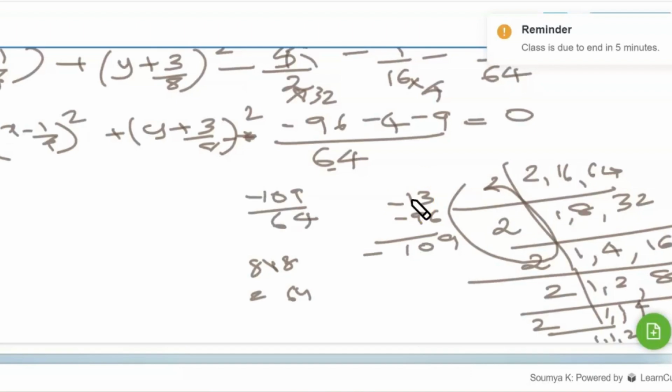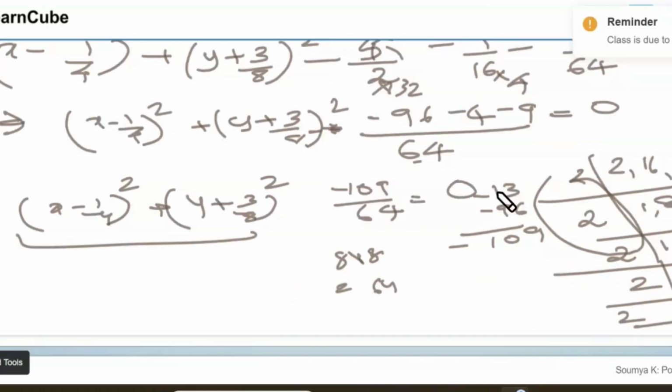Okay, so this is the final answer you are getting here, and the left hand side will be all same: y plus 3 by 8 the whole square, x minus 1 by 4 the whole square equal to 0. Now you see it looks similar to your equation where x minus x1 the whole square, y minus y1 the whole square is equal to the radius square if it goes to the right hand side.